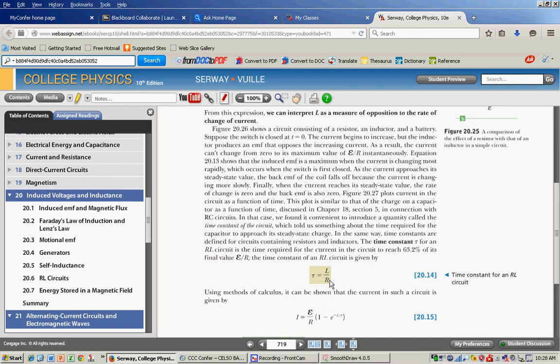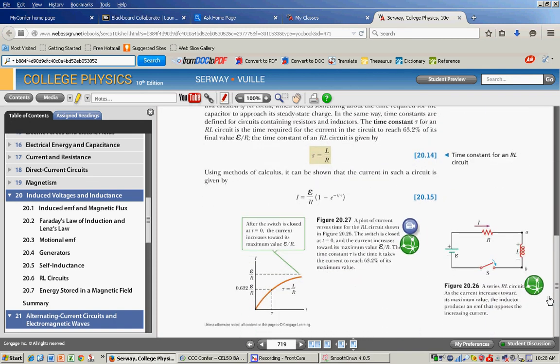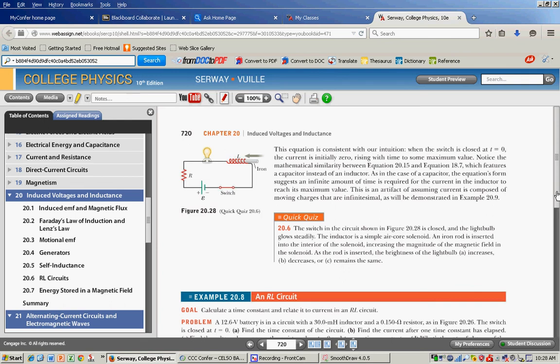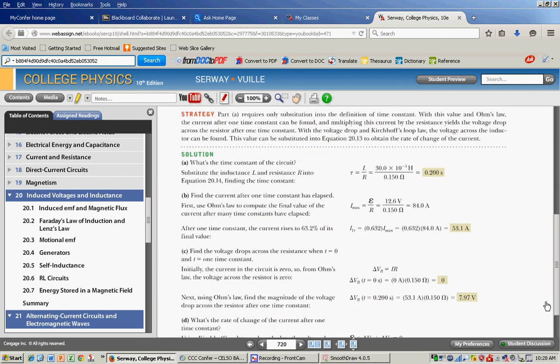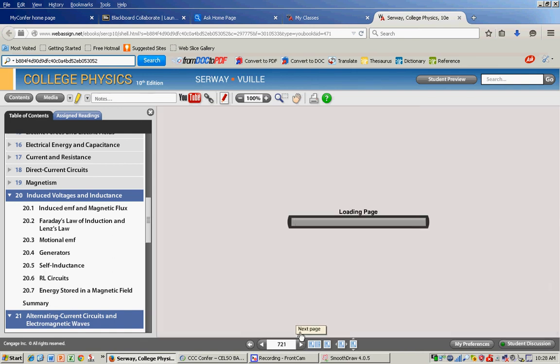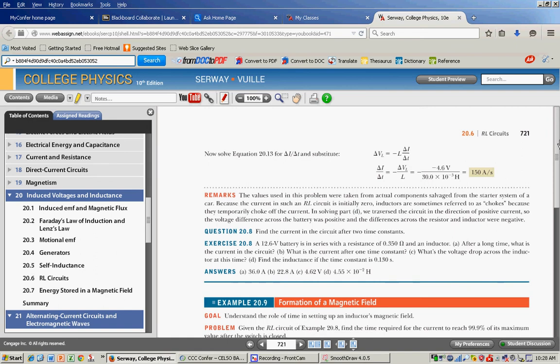And the time constant, remember, for the capacitor was RC. The time constant for this type of component, which is the inductor, is the inductance divided by resistance, L over R.